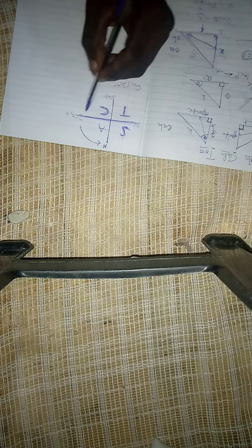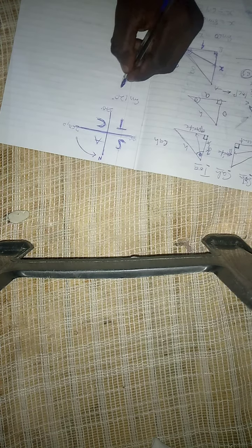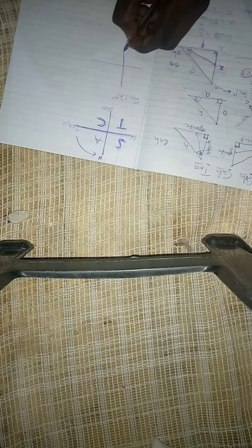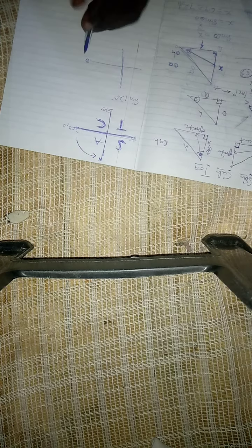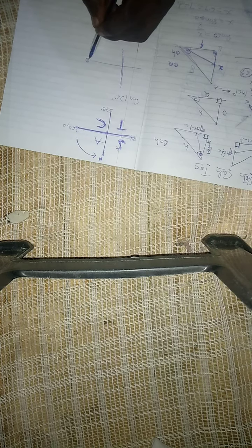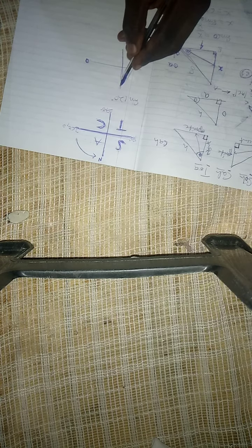When we draw the cardinal point like this, here is 0 or 360. It means we are reading from here. This is our starting point. With trigonometry, we are reading from here. So we should take note.